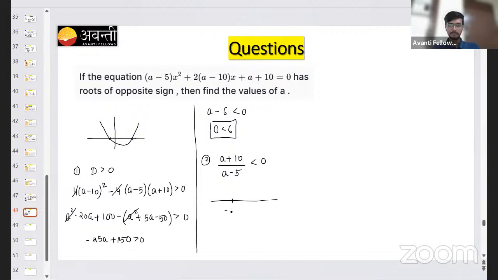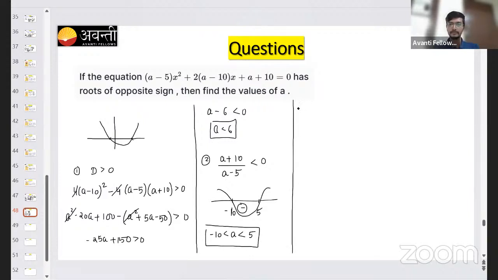Same, let's make a wavy curve, minus 10 and 5. Less than 0 is needed, meaning this region, that means a belongs to minus 10 to 5. And what is the third condition? Do you remember the third condition? It is the leading coefficient into the functional value at 0. Either this possibility or this possibility.